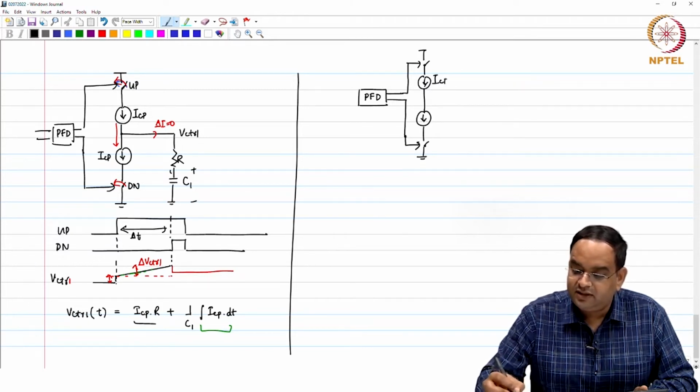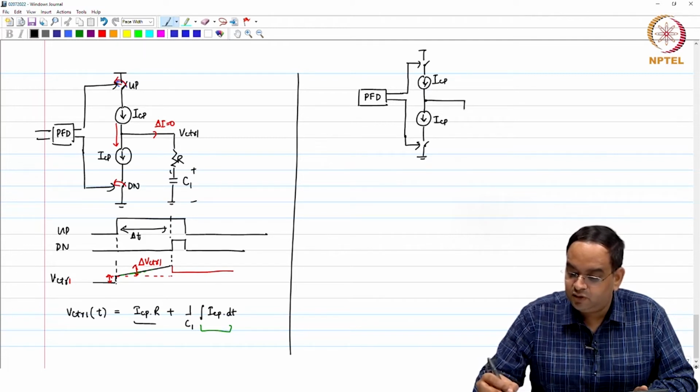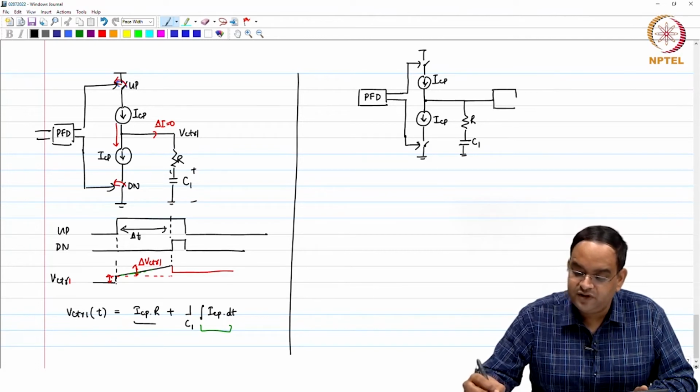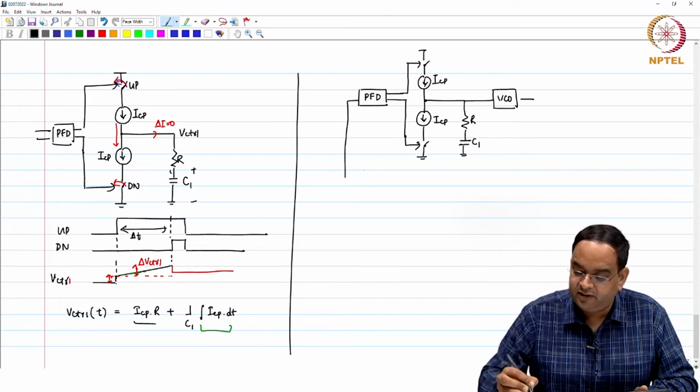Okay, this is ICP, and this goes to a loop filter which is R and C1, which is controlling our VCO, and this is fed back.